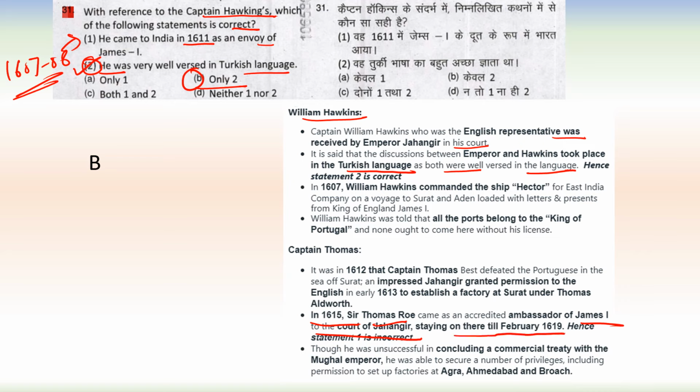So it was Thomas Roe who was the envoy of James I. So from here our first statement is wrong. So first is wrong, second is correct.